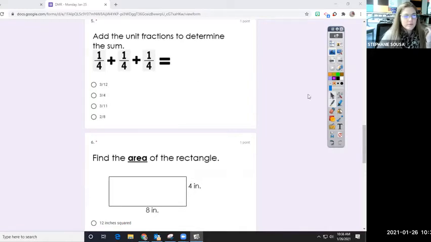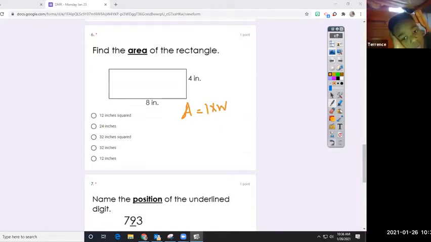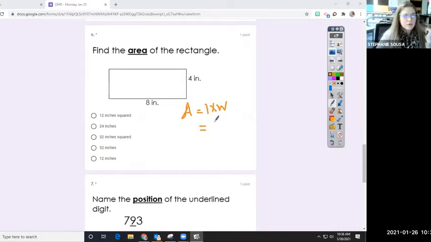Very good. Find the area of the rectangle. People, if you do not know by now that area is length times width, oh, good Lord. We are struggling. I think I've said that at least 100 times here. Area is length times width. Our length is equal to 8 inches. Our width is equal to 4 inches. 8 times 4 is, you got 8, 16, 24, 32.